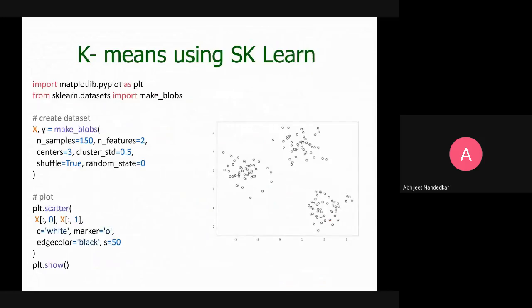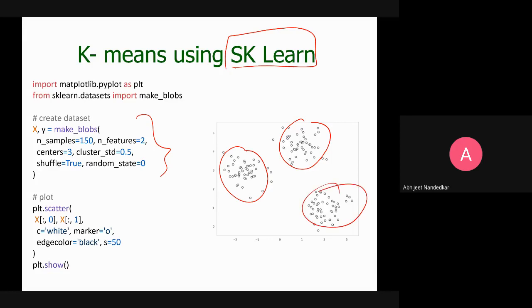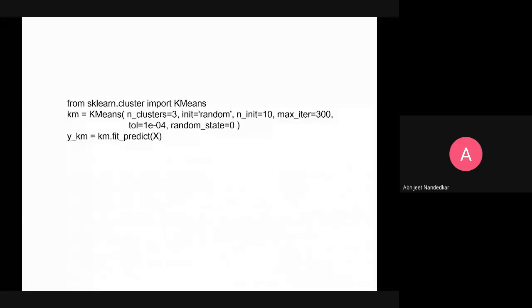This is a sample code of kmeans clustering using sklearn. If you want, I can give this code to you. Here, this part randomly assumes some data points like this, and this part displays the samples. Now, in the sklearn package, there is a very good straightforward command, kmeans.